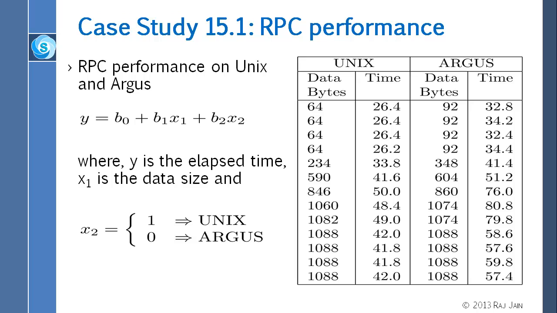Let me write down the model. So if we were just not worrying about Argus, then the model is B0 plus B2 plus B1 X1 for Unix. B0 plus B2 is the setup cost, and B1 is the per byte cost for Unix.